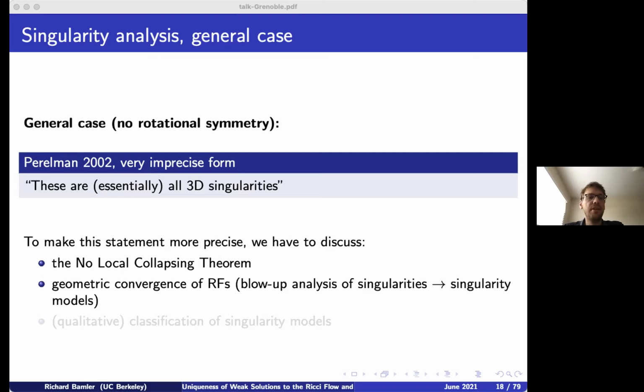Then we'll have to discuss geometric convergence of Ricci flows. So we'll have to discuss blow-up analysis of singularities, which leads to the study of singularity models. And we'll have to discuss a qualitative classification of singularity models. Okay? So this will make more sense in the next few slides.